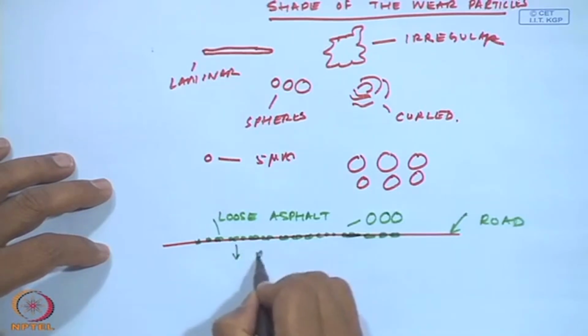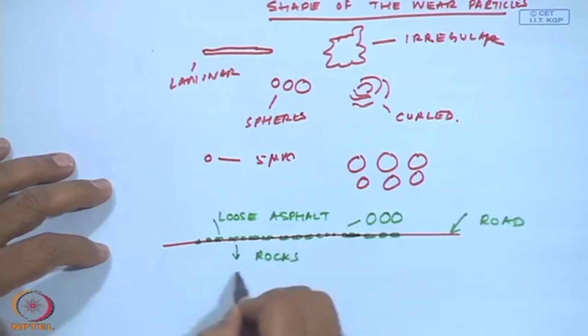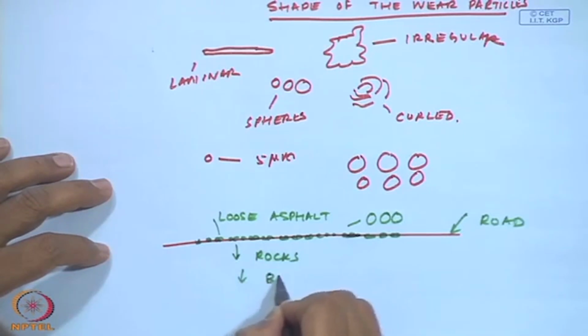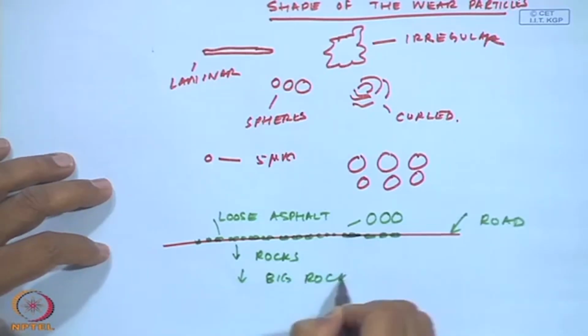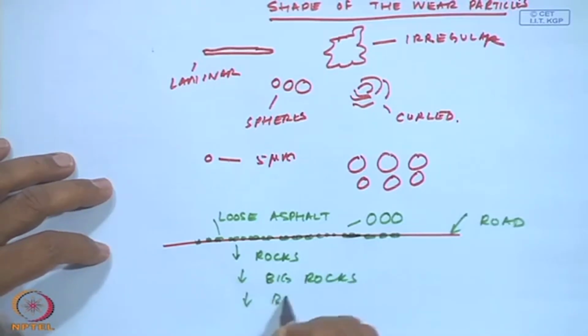Loose asphalt, small rocks, then you have big rocks, then you will have boulders coming out.